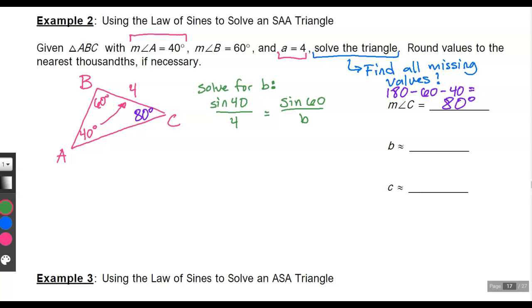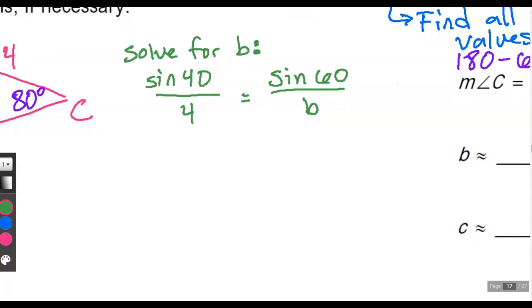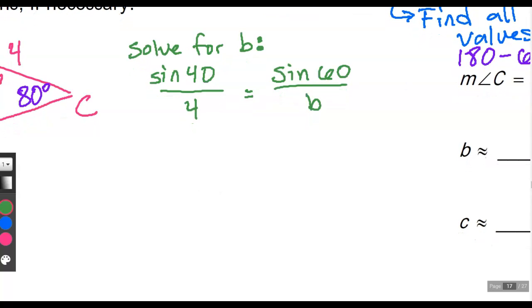So now that we have this set up, how can you solve for B? If we have a fraction set equal to a fraction, what can we do to solve? Cross multiply. We're multiplying B times sine of 40, and sine of 60 times 4.